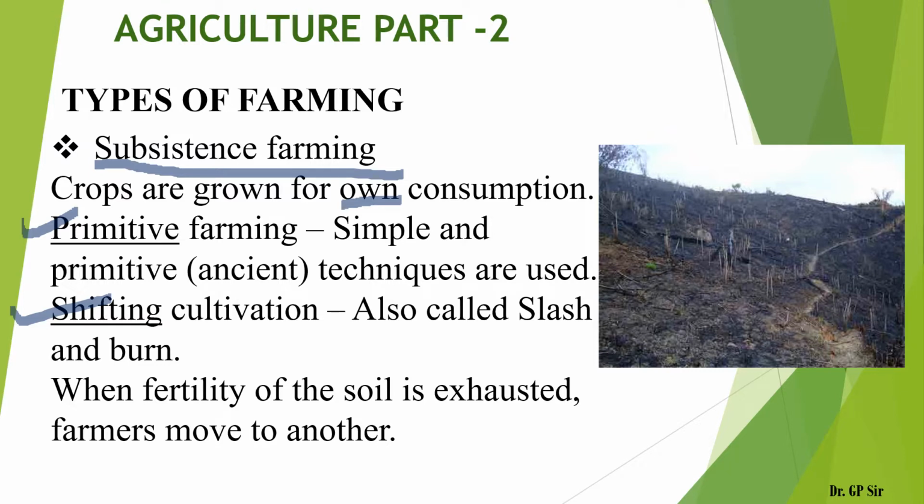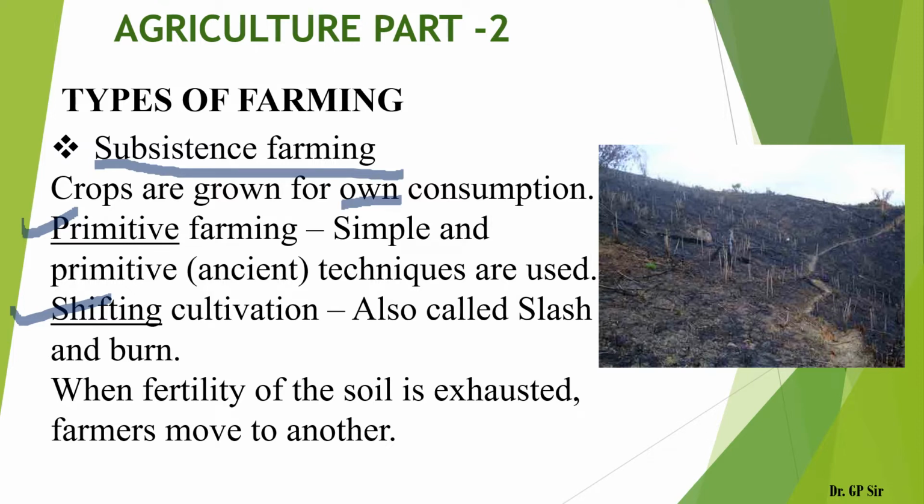So you have to understand one logic. When they are growing for their own consumption, obviously it is going to be in a small land, correct? They are not going to grow in a very huge land. If you are selling to others, you need a good number of production, so you may have to grow crops in a huge land.